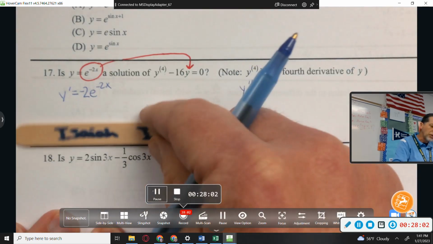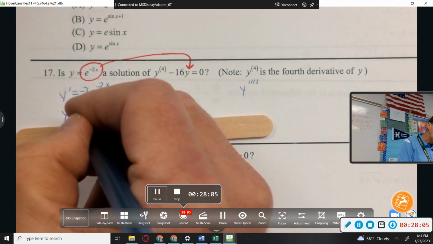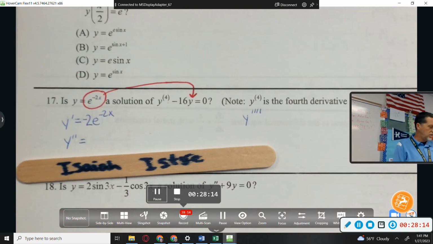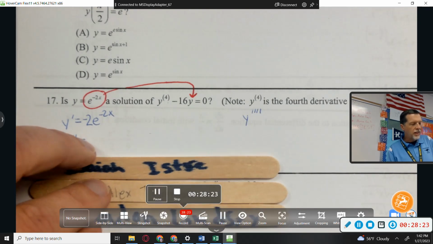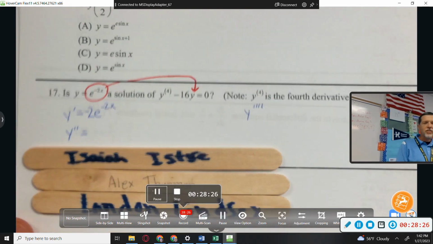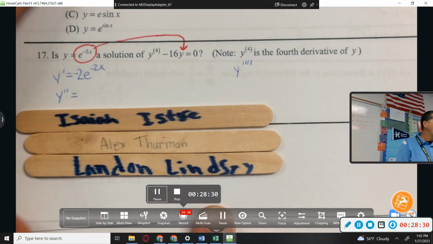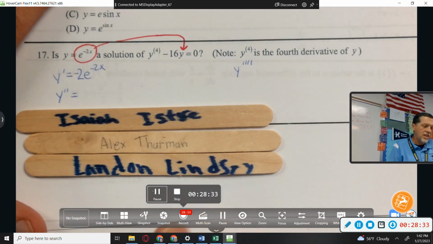But Isaiah, what's the second derivative? The derivative of e to something is e to the something, but don't forget the chain rule. Trey answering everybody's questions again back there.